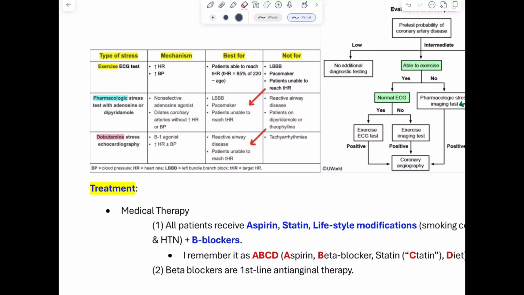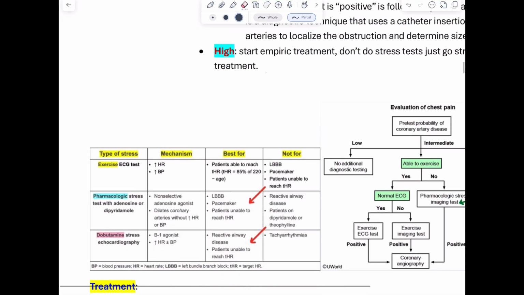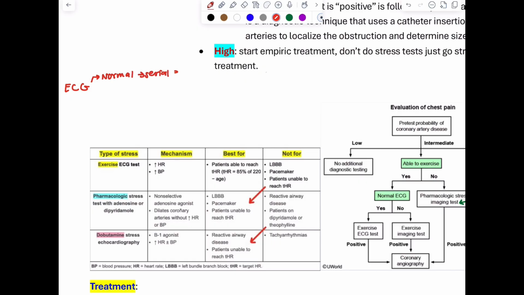So before I move on, I wanted to review what we just talked about a little bit. We said you do a baseline ECG, right? And then either it's going to be normal, where you do serial ECG plus troponins, or it's going to be a STEMI, showing ST elevation, or new LBBB, or just random changes.